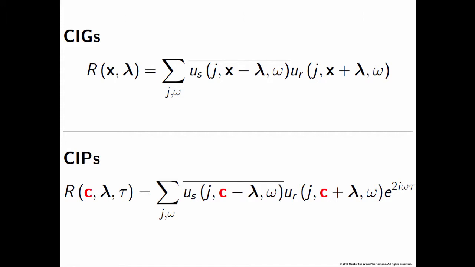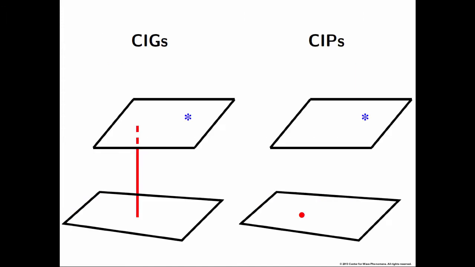Here I use red color to emphasize the fact that the common image point gathers are constructed on individual points on the reflector, so the gathers are actually localized on the reflector. To highlight this difference between these two gathers, I plot a cartoon. In this cartoon, the top panel corresponds to the surface.